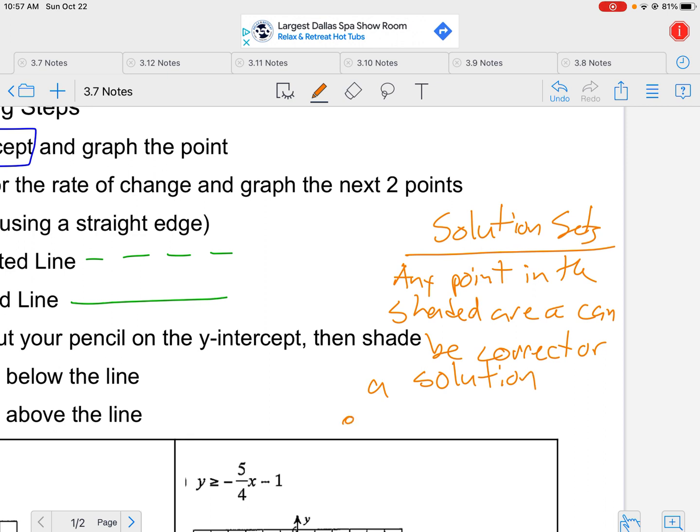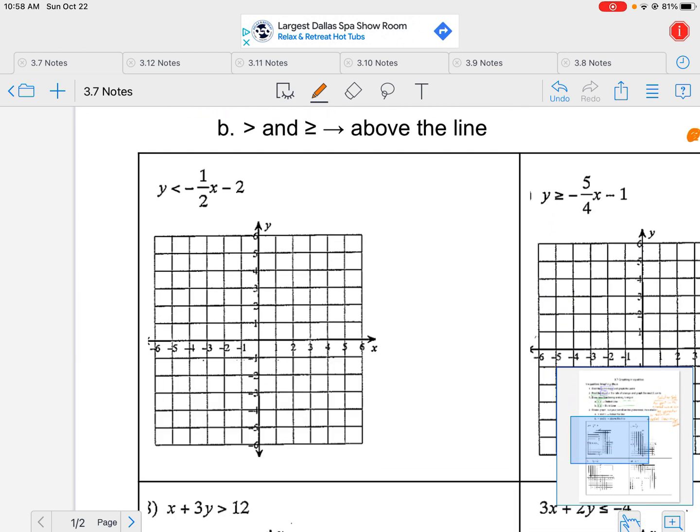So one real quick thing that we have to know is that dotted lines are not solutions. Solid lines are, but if it's a dotted line and it's on that dotted line, it cannot be a solution. All right, so let's go look at some questions.